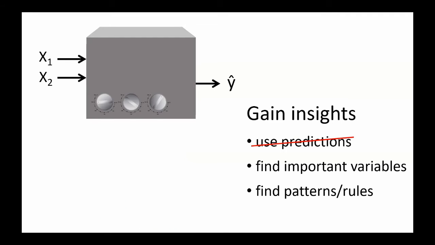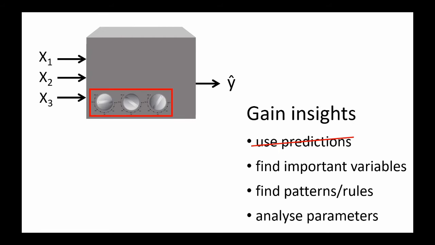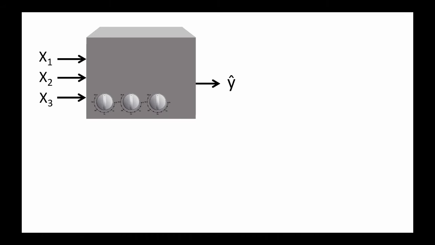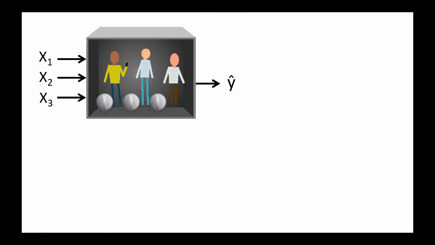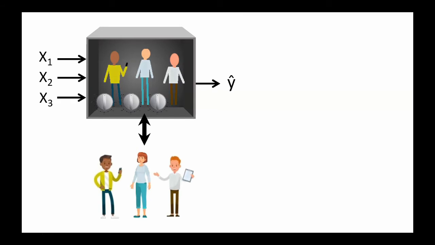In my eyes, the absolute best way of gaining insights from data is, however, by analyzing the model parameters. Models can be considered to be a mathematical reproduction of the people or objects that are being modeled. They make their predictions by mathematically copying the real-world process that produces the y variable. The model parameters therefore directly correspond to real-world values.